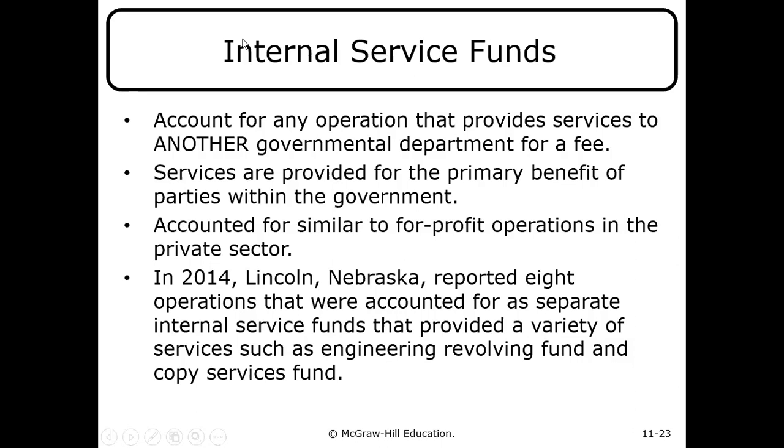Internal service funds, also proprietary fund. This is where we account for any operation that provides services to another governmental department for a fee. The services are provided for the primary benefit of the parties within the government. So as you can see, probably most of our proprietary funds will be in our enterprise area.